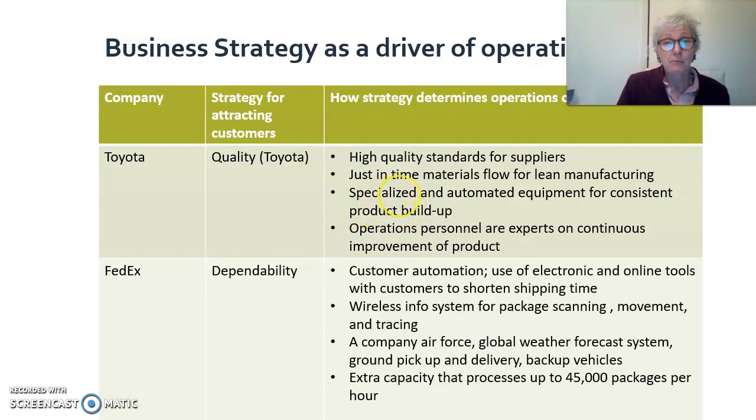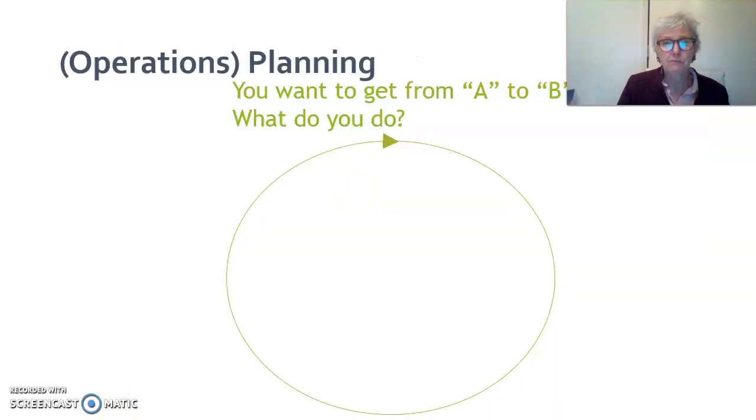FedEx is focusing on dependability because they want the customers to believe that they are on time and fast with the delivery of parcels and packages. So they use electronic systems and a scan and track system in order to give the customers an idea of how fast they are and when the package is going to be delivered, to gain trust.